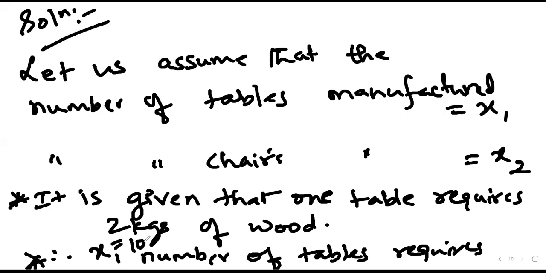Let us assume that the company wants to manufacture 10 tables. Then what is the total kgs of wood required? One table requires 2 kgs. So 10 tables would require how much? 20.